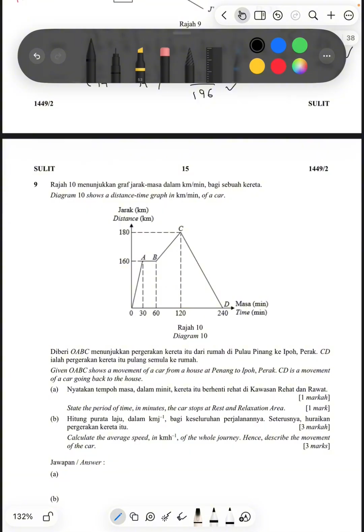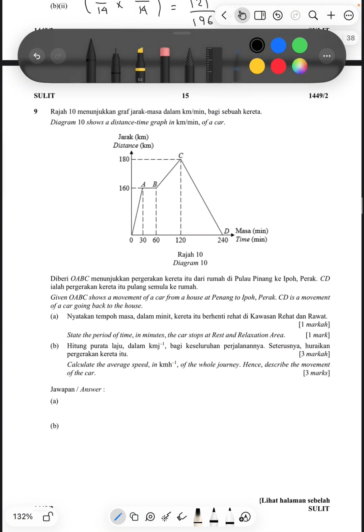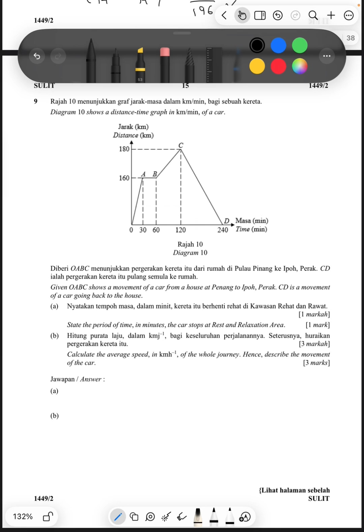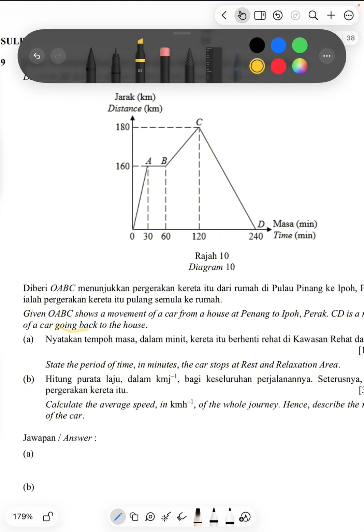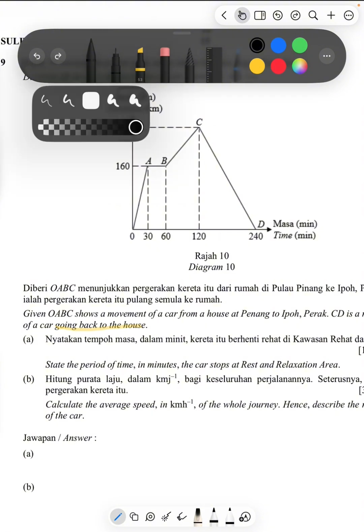Next. Diagram 10 shows the distance-time graph in kilometer and minute of a car. Given OABC shows the movement of a car from a house at Pinang to Ipoh, Perak. CD is the movement of a car going back home. During exam and personal exercise, I always assume that the total distance is 180 just because they state here 180.